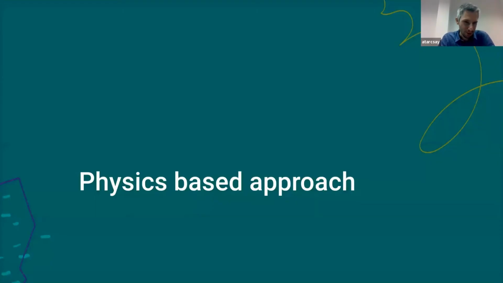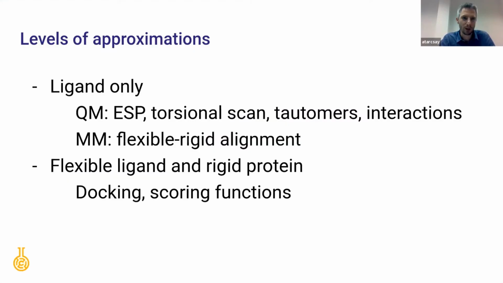So we have tools. One of the tool sets is the physics-based approaches, where the level of approximation is about binding, or is about separating the system. There can be calculations that are ligand only, focusing on the ligands: electrostatic potential charge calculations or isosurfaces, torsional scans, calculating tautomers or interactions, molecular mechanics for flexible, rigid alignment.